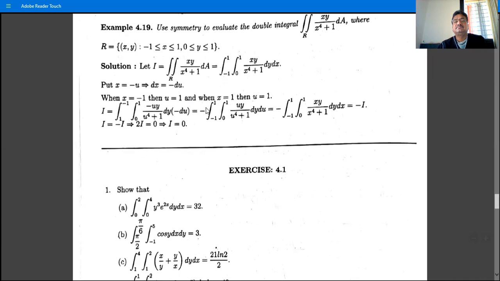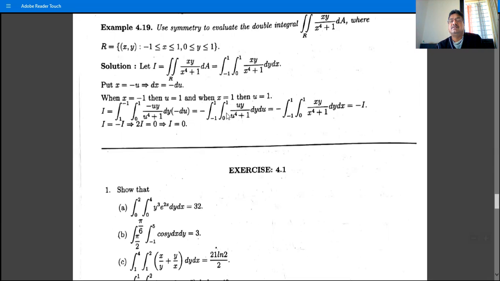If we interchange the limits, then it gives the negative sign. 1 to minus 1 replaced by minus 1 to 1, so write the negative sign. And in a definite integration, you can replace the variable, that is we replace u by x, then we have this.